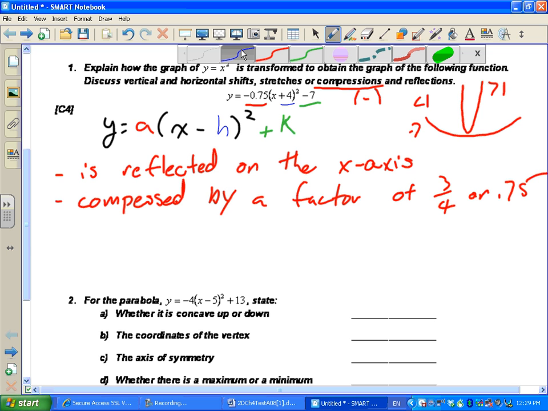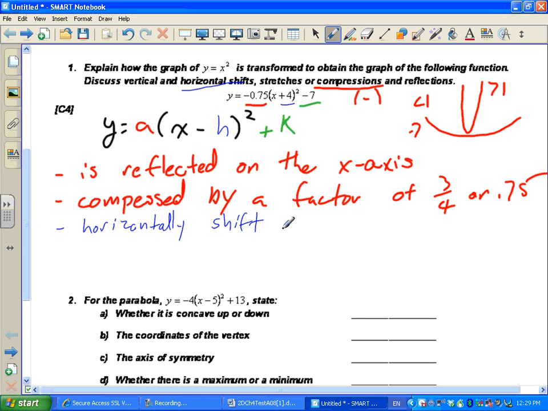Next we'll do h. h is positive 4. So first of all, that deals with which axis, x or y? You guys not know this? x. Deals with our x-axis, so it's a horizontal shift. So we're going to say horizontally shifted.